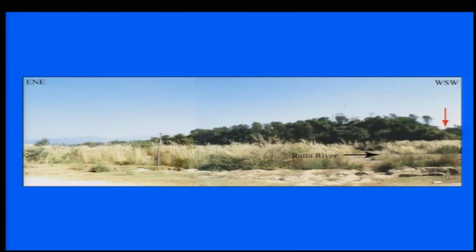Again, another one along the Pinjore Valley itself. You have the fault scarp. The fault is running here, so this has been termed a fault scarp, and you can see this one here is the back tilt.